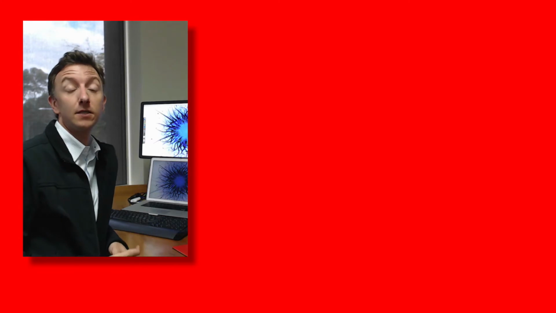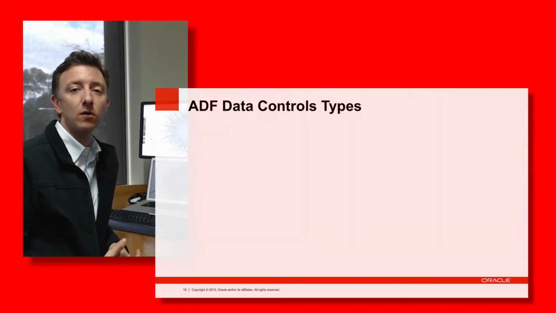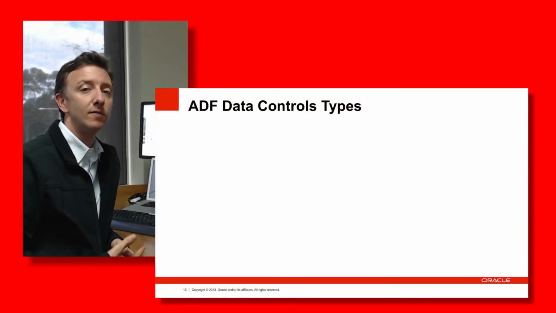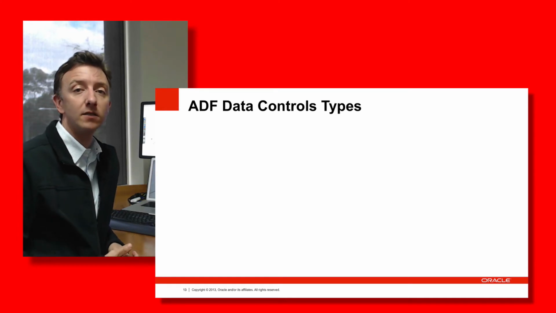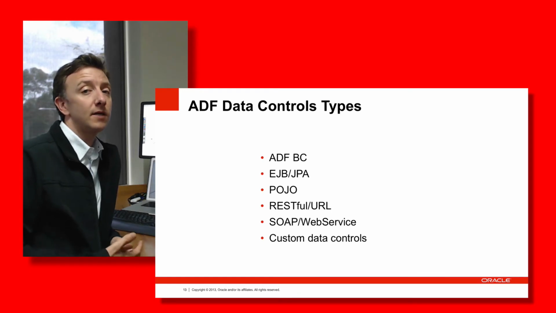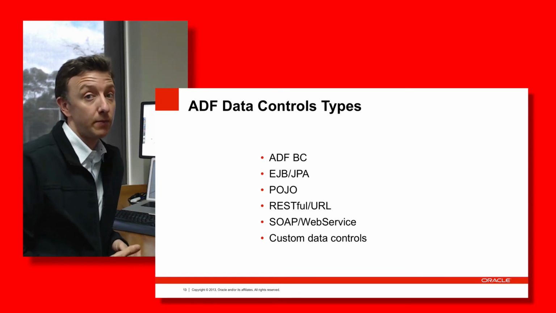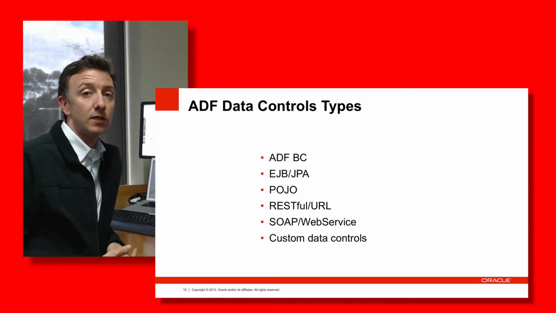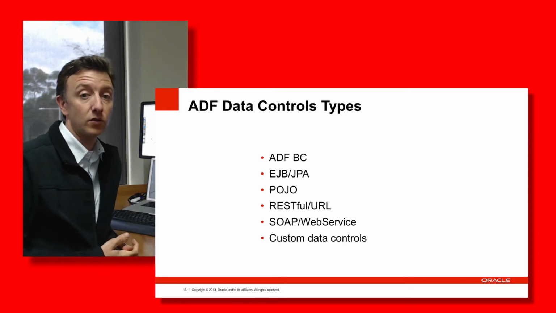Now, unfortunately, it's not as simple as all that because JDeveloper, or I should say ADF, doesn't support just one type of data control. There are actually multiple different types of data controls that ADF provides. Yes, there's the ADF Business Components data control, or what used to be called the JBO data control. There are even data controls for supporting EJB and JPA. We also have POJO data controls, RESTful or URL data controls, SOAP web service data controls, and even custom data controls.